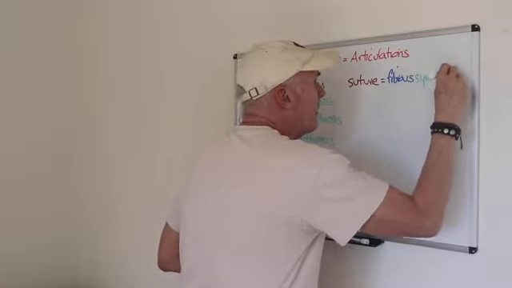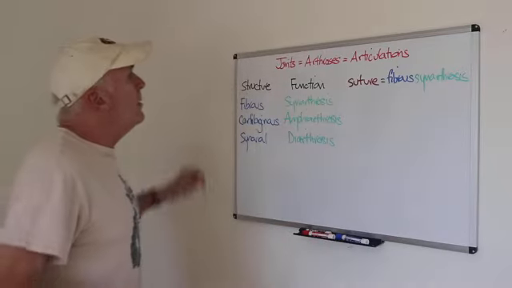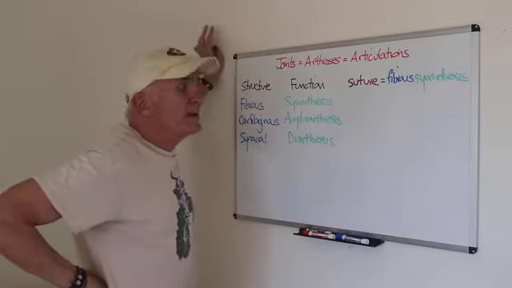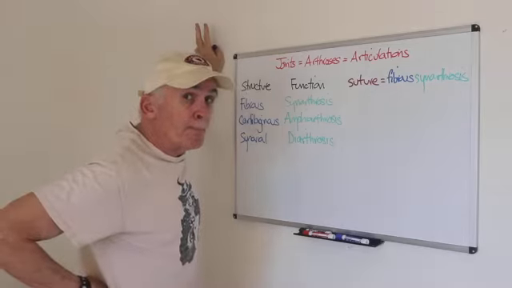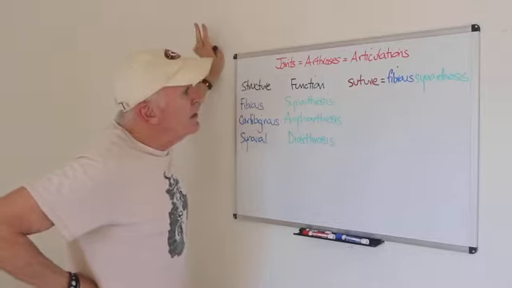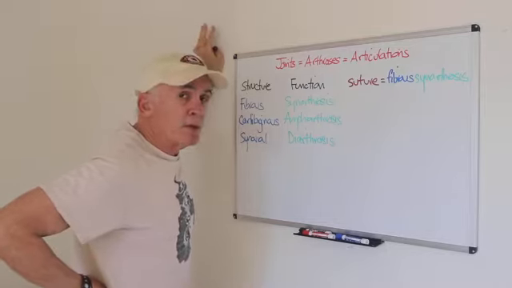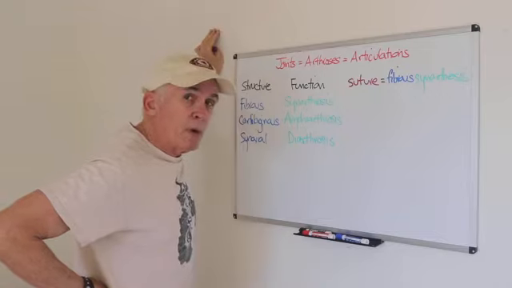Oh, this little tiny whiteboard is working hard. So a suture is a fibrous synarthrosis. So what is a suture made of? What color is an orange? Orange. Sutures are made of fibrous connective tissue. How movable is a suture? It doesn't move, all right?